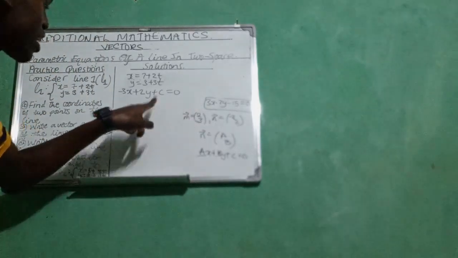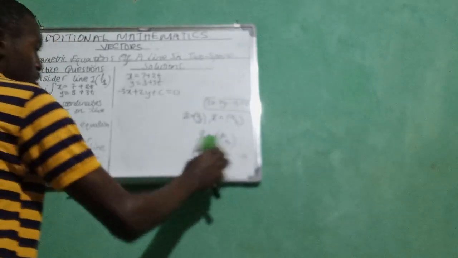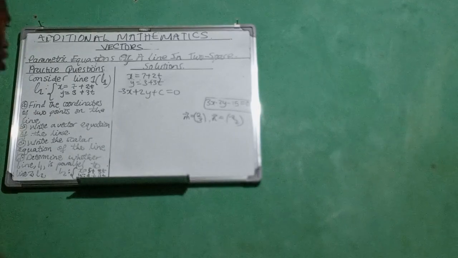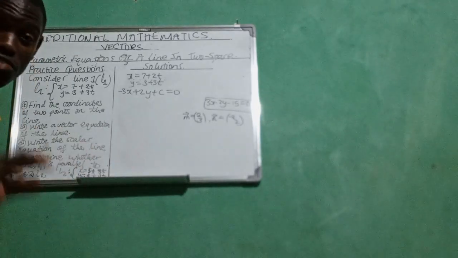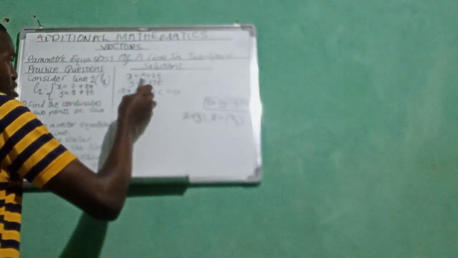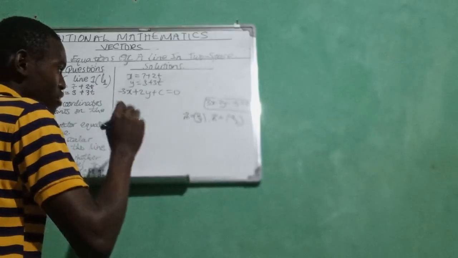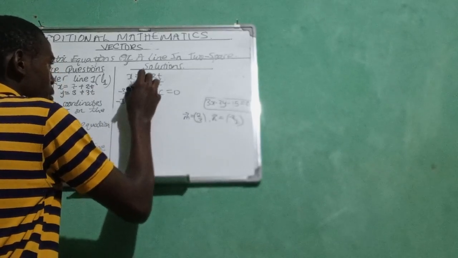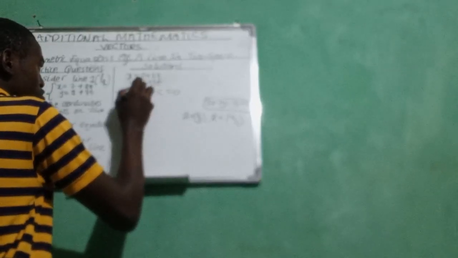If you follow very well, this is almost looking like that, if you are following up to now. Okay, so what should we do here? We substitute the position vector or a certain coordinate that we know. So this (7, 3) is a position vector. This is the x coordinate for the position vector, so in place of x we'll put 7.